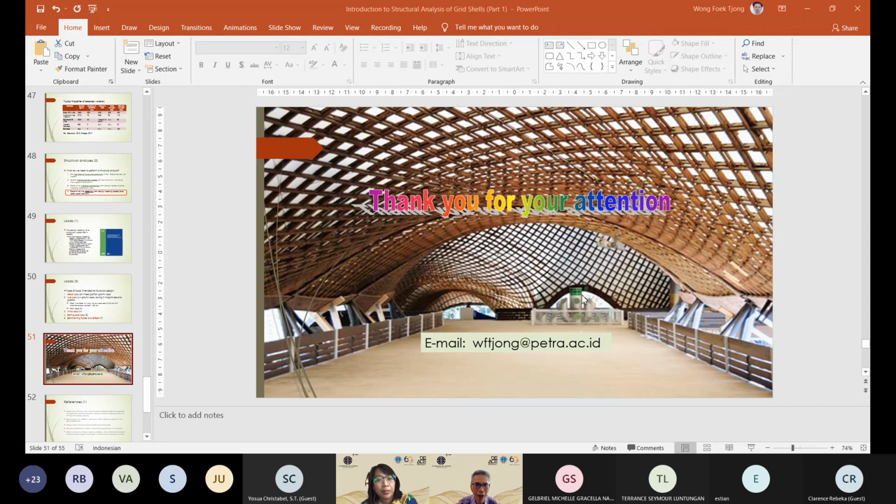Sustainable because grid shells span a long distance with the minimum use of materials. That's the key, right? We save the amount of materials.